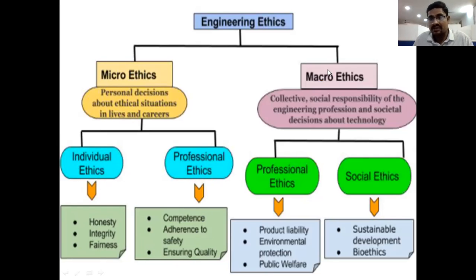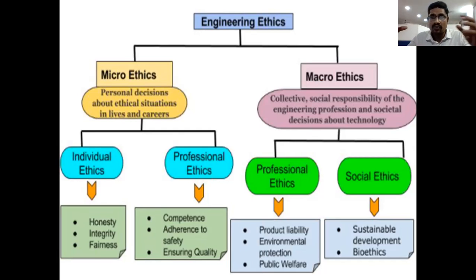And coming to macroethics. Macroethics means ethics of a large, collective group of people. Here, the collective and social responsibility of the engineering profession and societal decisions about technology are called macroethics. Simply, once again I want to repeat: collective does not belong to individual performance or a single person's abilities or ethics.